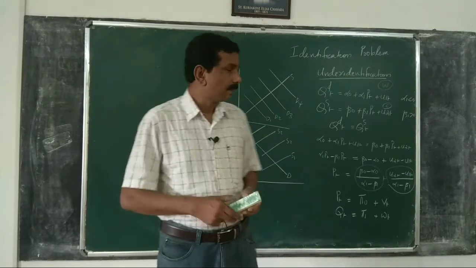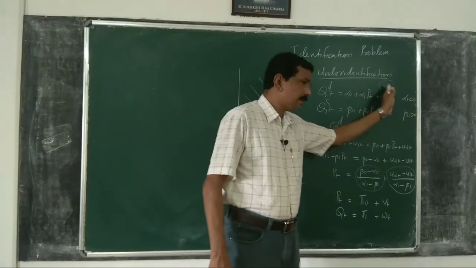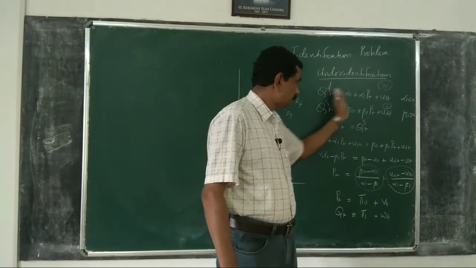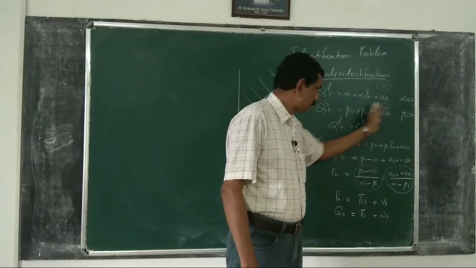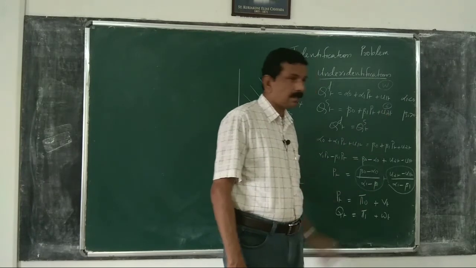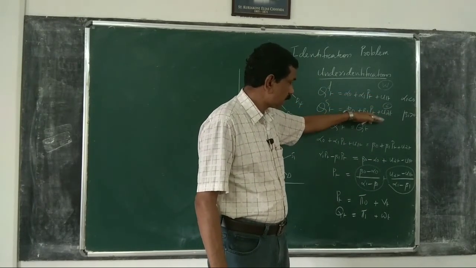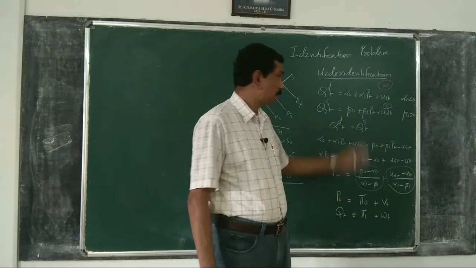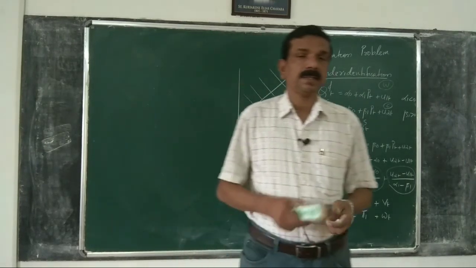That means we have to introduce additional variables. If W is introduced here, it has a unique statistical form. If C is introduced here, it has a unique statistical form. So then the demand equation will be distinguishable from the supply equation. So the demand equation and supply equation will be identified.